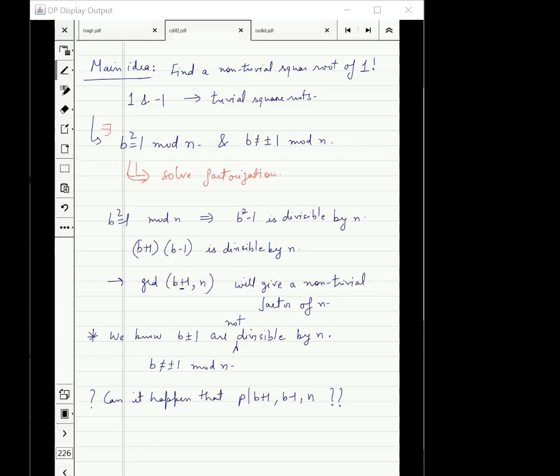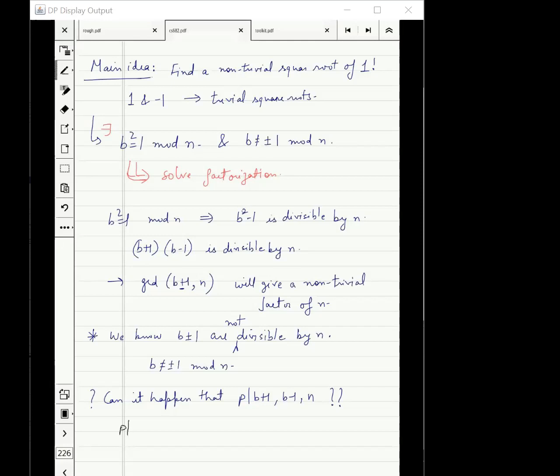No. Why? Anyone? Here the only possible prime that divides both b plus 1 and b minus 1 is 2, and we have assumed that n is odd, and so 2 does not divide n.